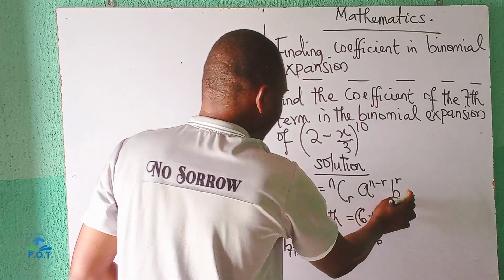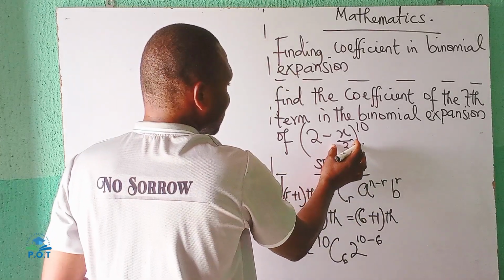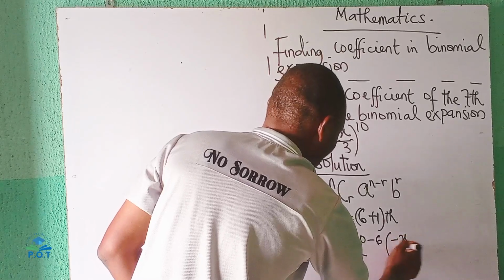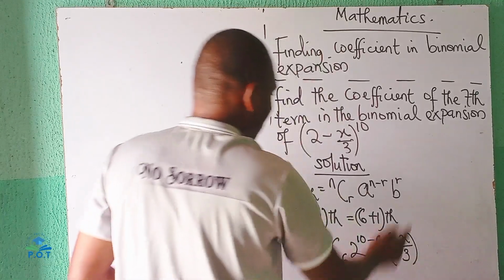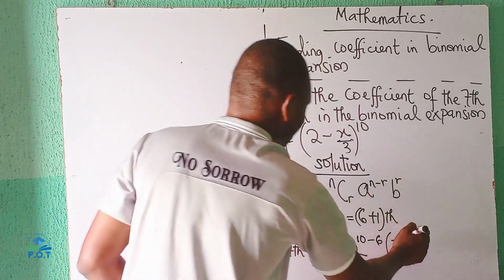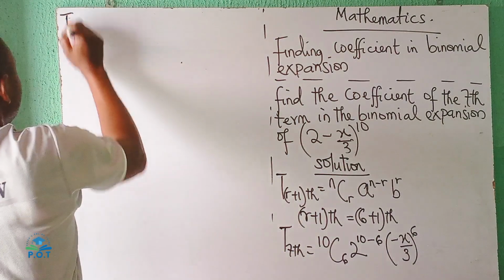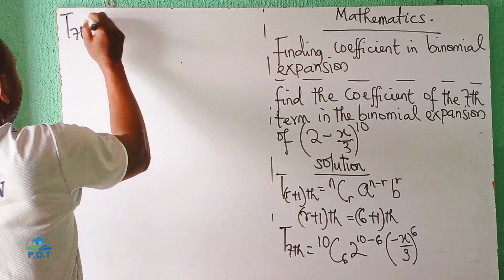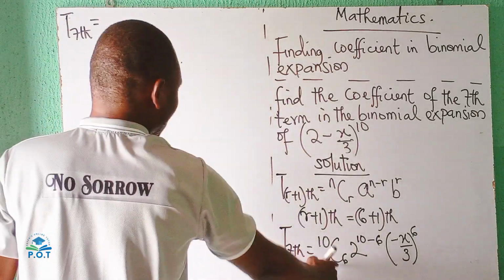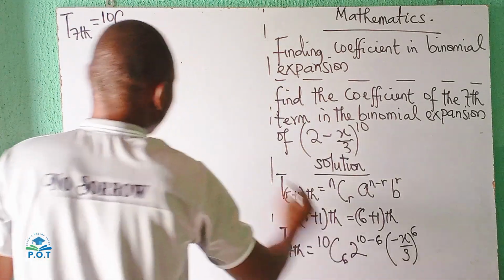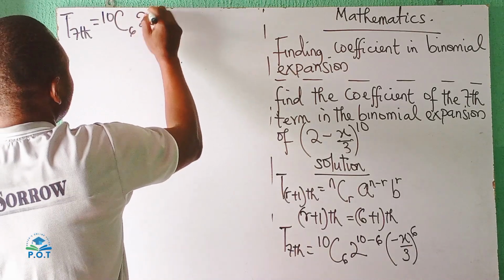Then I'm having my b here. What's my b? My b is minus x over 3, raised to the power of r, which is 6. So the 7th term is now equal to 10 combination 6, 2 raised to the power of 4.